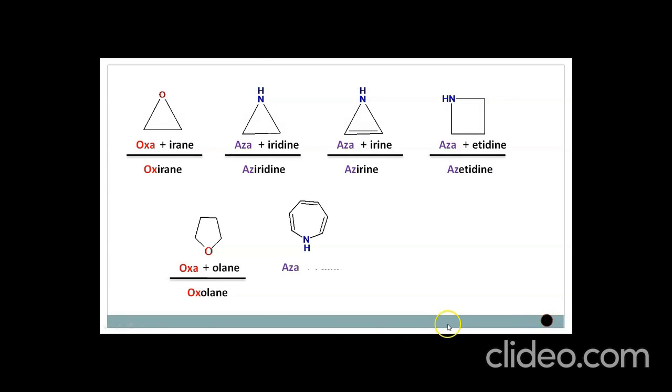So just write it, and the stem starts with a vowel, so drop this A. So the name is azepine. Same here, it is oxygen, so it is oxepine. So these are the examples. Here we use the combination of prefix with stem and we have given the name for that particular heterocyclic ring.